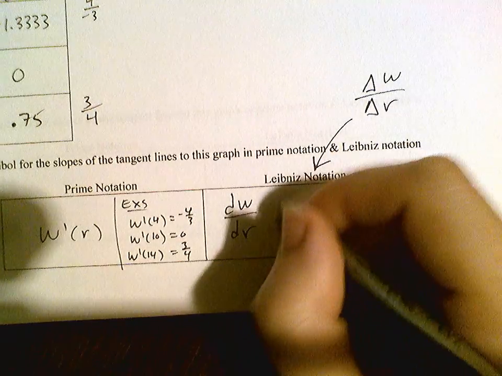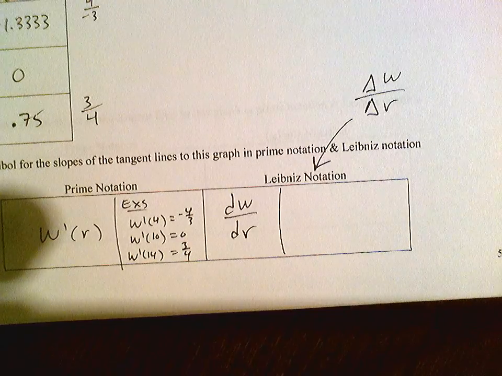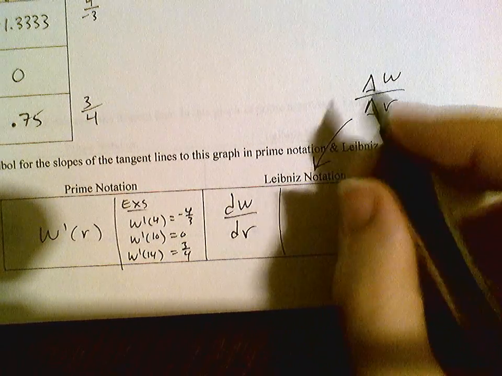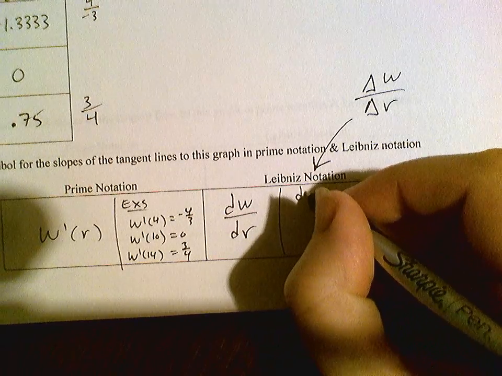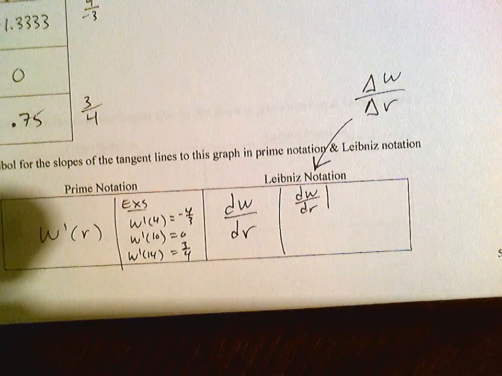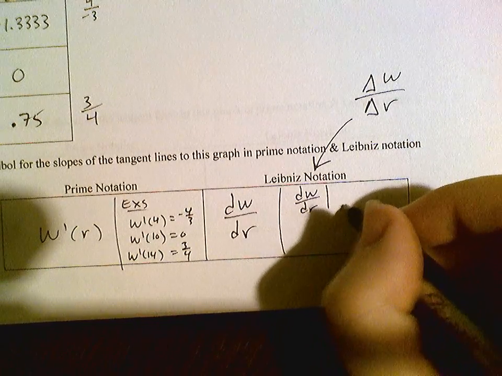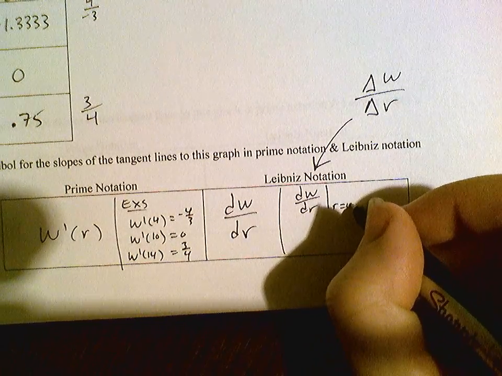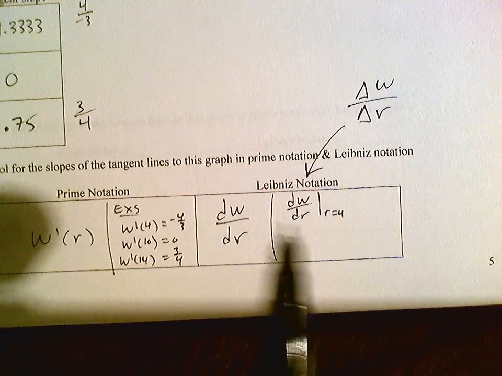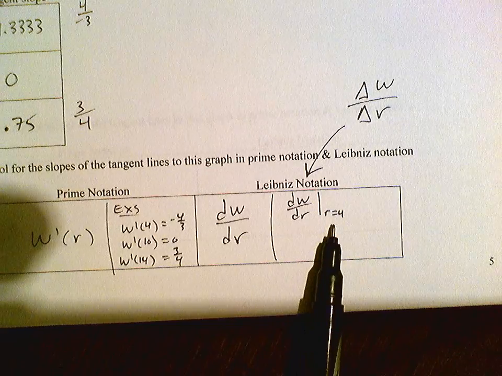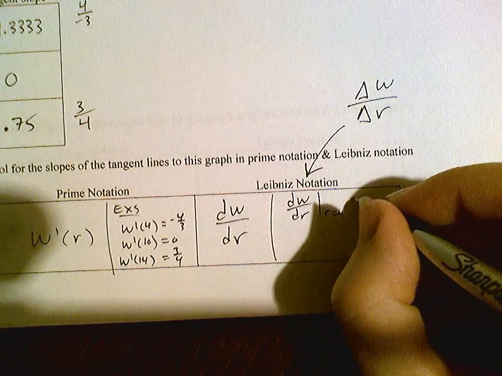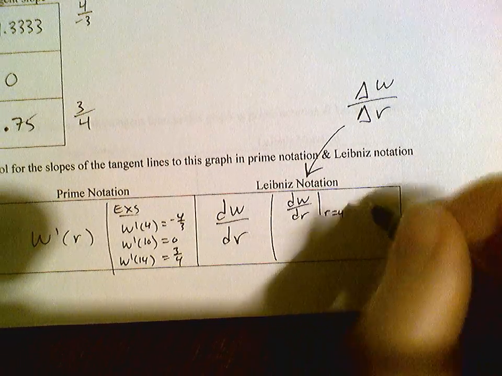Now let's do some examples over here, how this notation would be used with the stuff that we just found. So it would go dw dr, and then you do a bar, and then right down below I'm going to go r equals 4. Okay, so this would mean the instantaneous rate of change at the r value 4, and we found that.